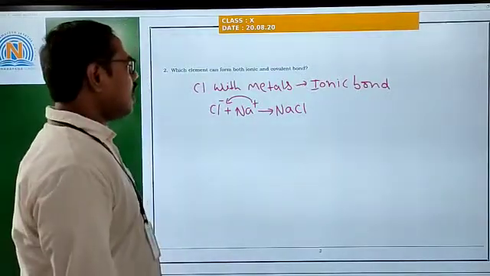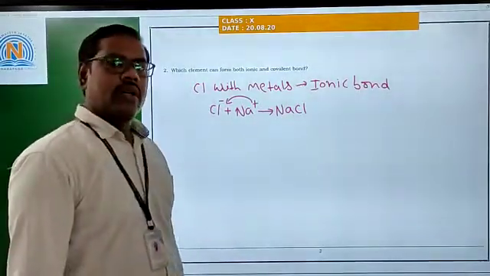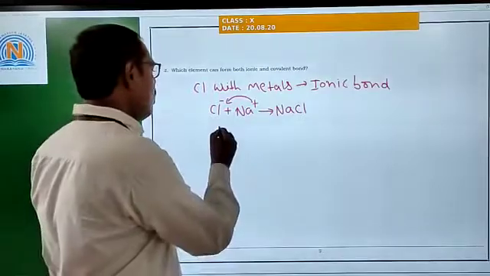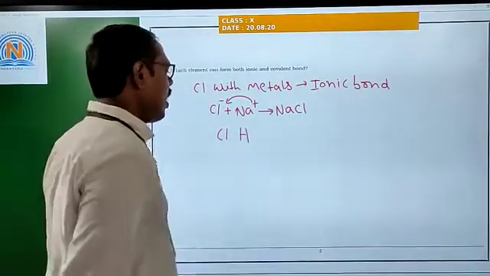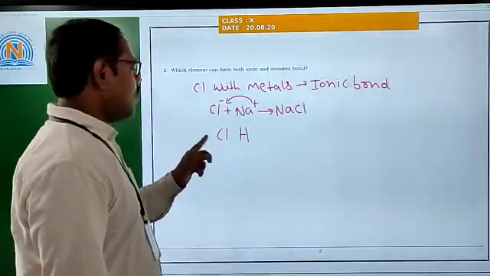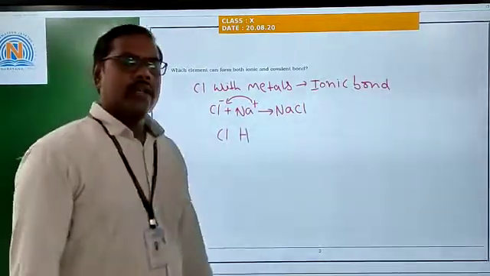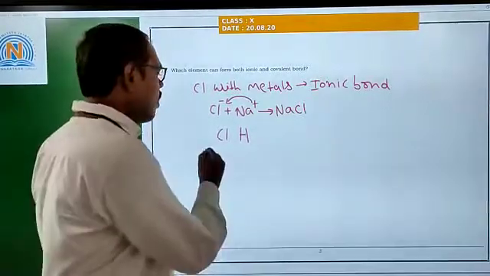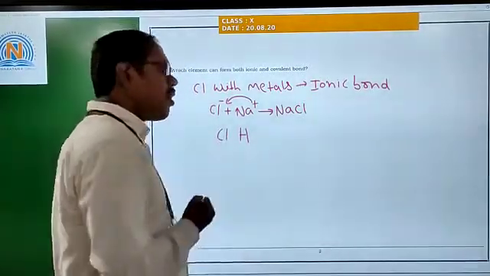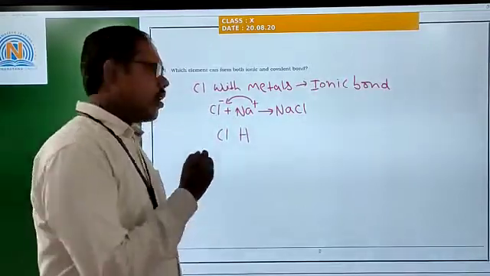In the case of chlorine with non-metal, for example, chlorine with hydrogen, electron transfer is not possible. So chlorine contributes one electron, hydrogen contributes one electron.